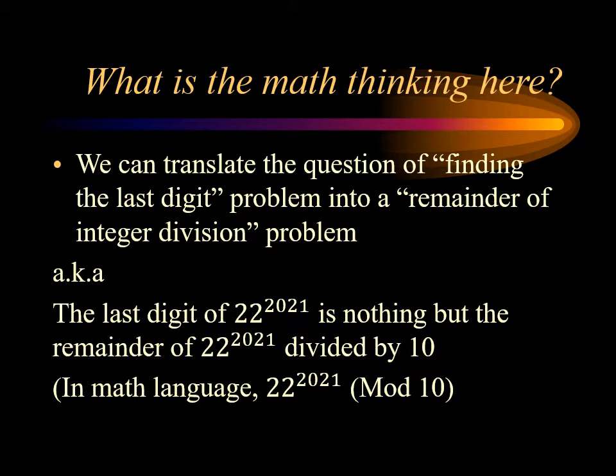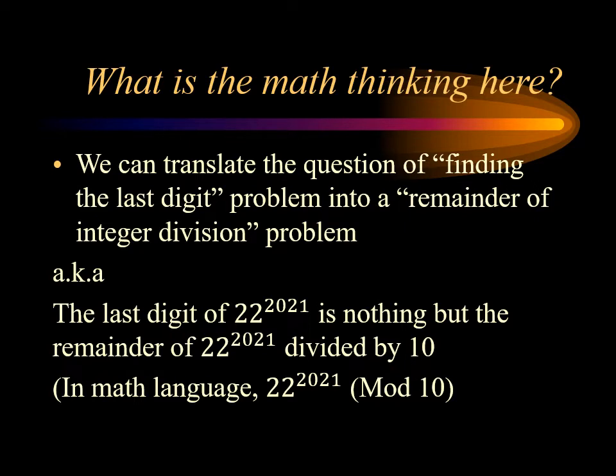But what is the math thinking here? The trick is easy because you first simplify the base and then the power cycles. But I think more fundamentally, we can translate the problem of finding the last digit of any number into a so-called remainder problem, which you can also call modular arithmetic.